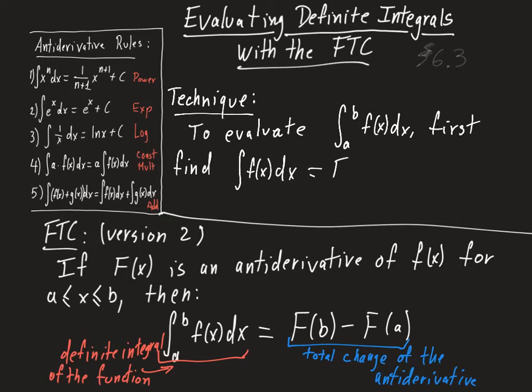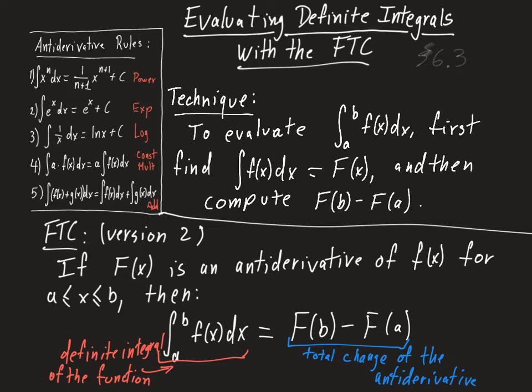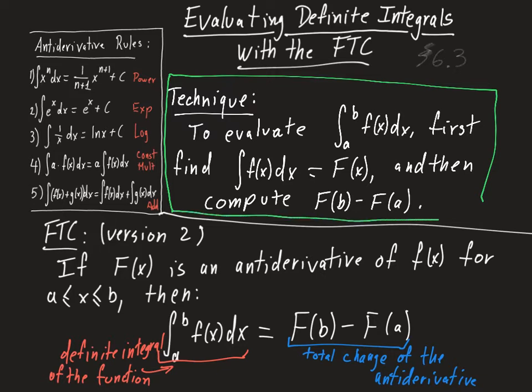Give this a name, say capital F of x, and then compute capital F of b minus capital F of a. All right, this is all it takes. This is the entire technique. This is going to allow us to calculate definite integrals in a pretty fast and straightforward fashion.